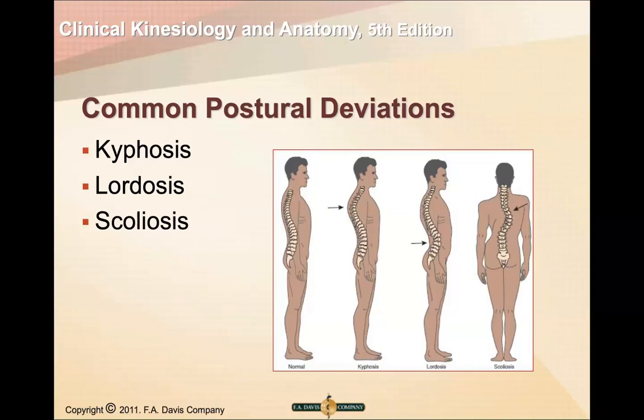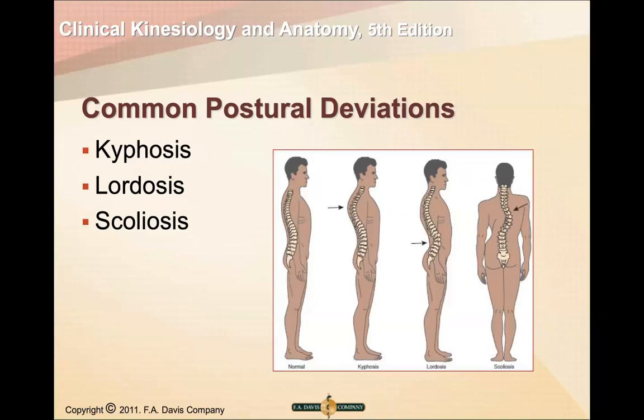So the curve that we have in our thoracic spine is already a slightly kyphotic curve. But if you are somebody that hunches over a lot, or if you're an elderly person that has bad posture, you might be hunching over on your upper back. We call that increased thoracic kyphosis.